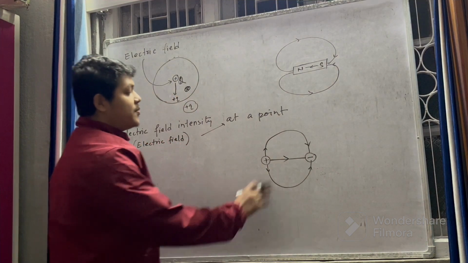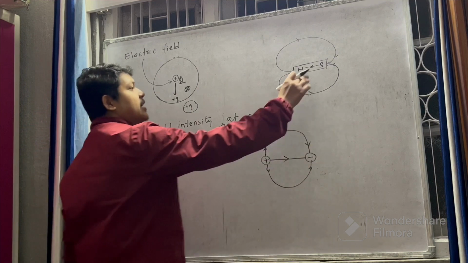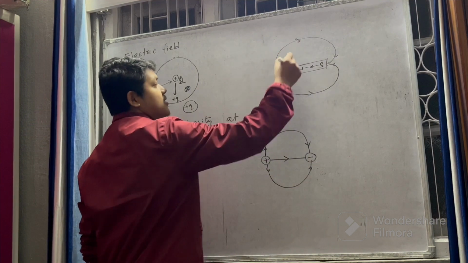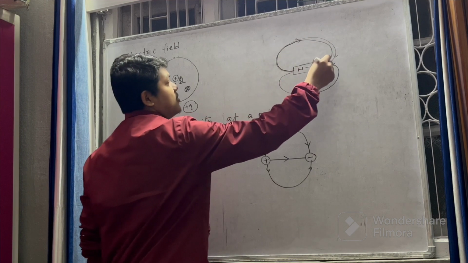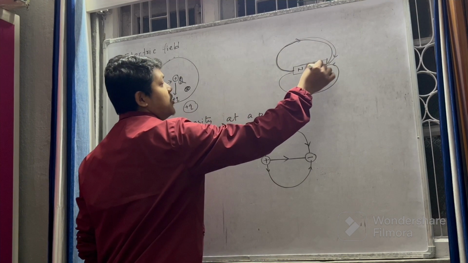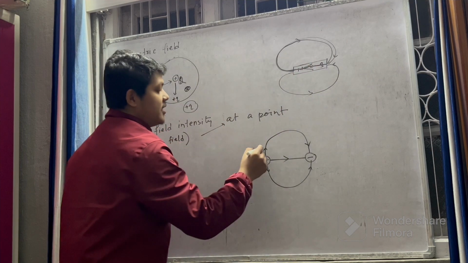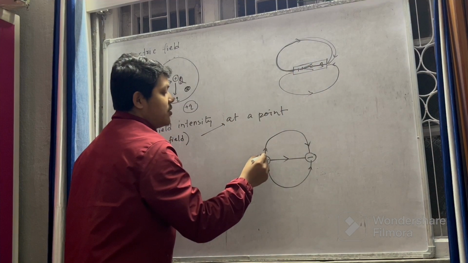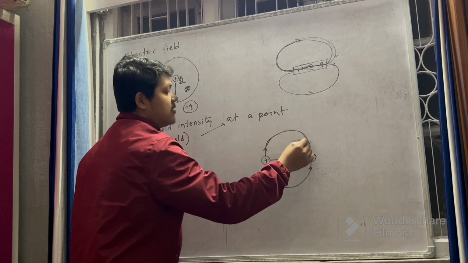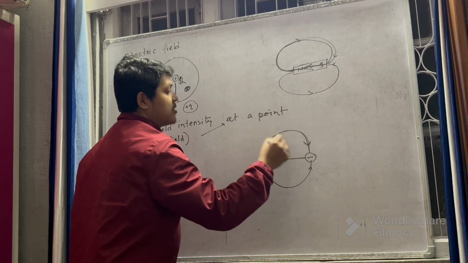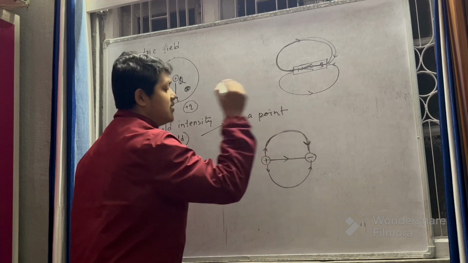So these lines of force are not closed curves. Why? You see, in the case of magnetic field lines, these lines emerge from north, merge at south, then inside the magnet again go from south to north. That is why they are closed. Here, from the positive charge only, electric field lines come out and go into the negative charge, right?